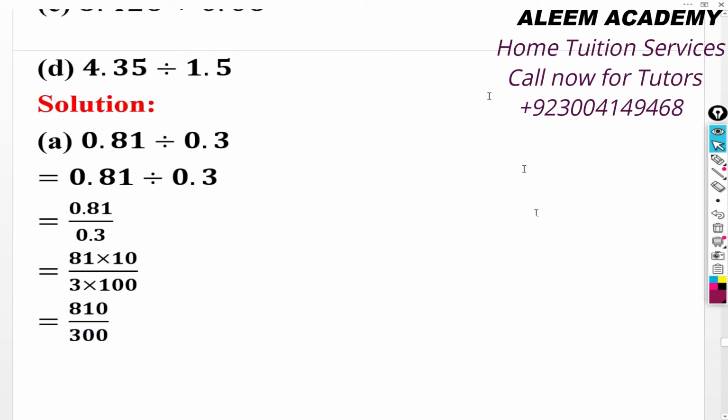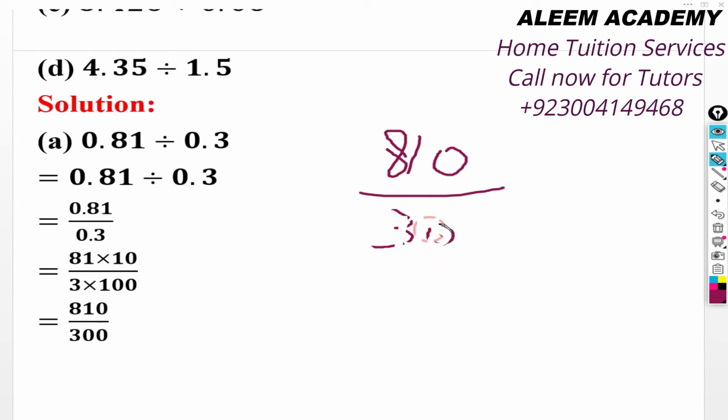Now you can cancel them by any number. See, 810 and 300: this 0 will be cancelled with this 0, and now 81 and 3. You can cut both of these numbers on the table of 3. 3 tens are 30, and 3 twos are 6, and 3 sevens are 21.